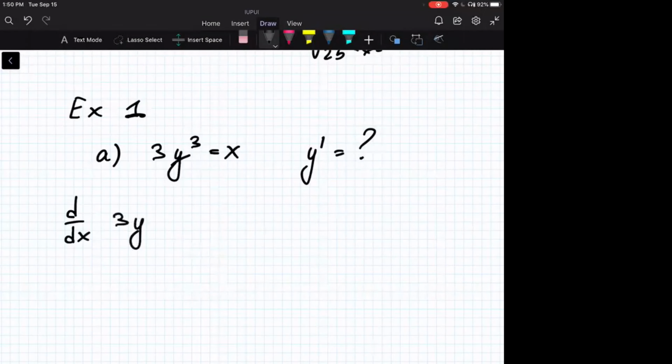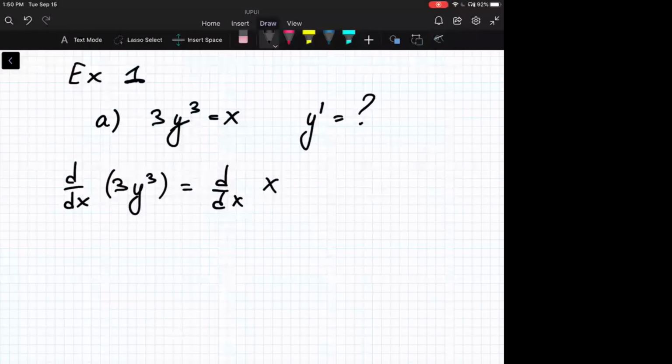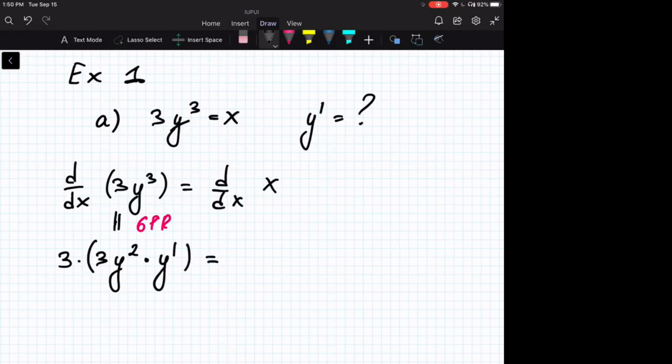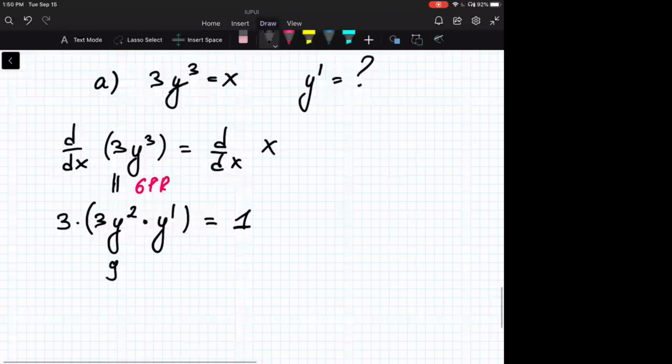So we have the derivative of 3y cubed should be equal to the derivative of x. The derivative of this, again by the generalized power rule, is 3 times 3y squared times the derivative of y. And on the right hand side, I have 1. And so I get 9y squared times y prime is equal to 1.